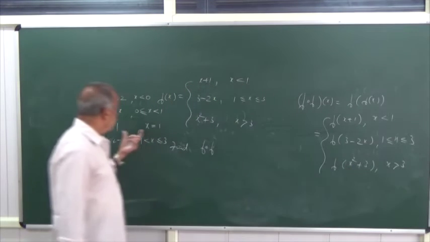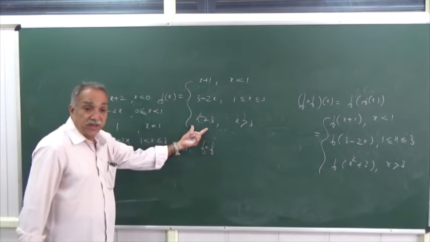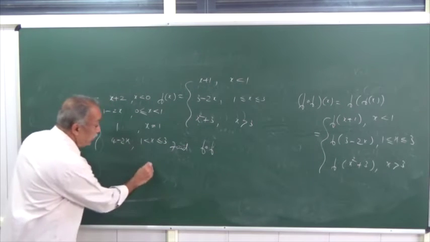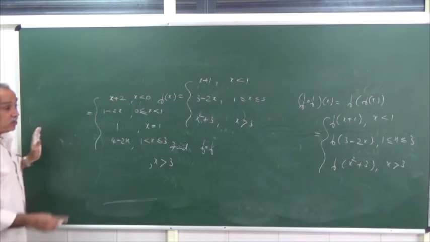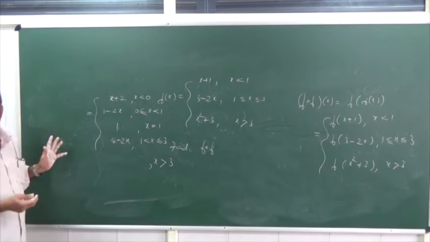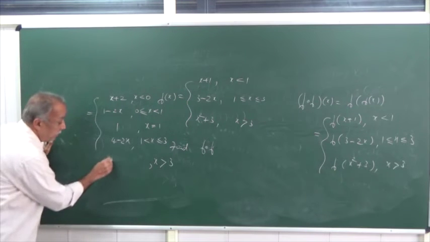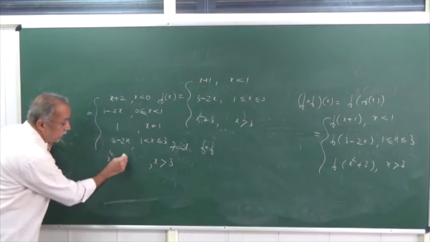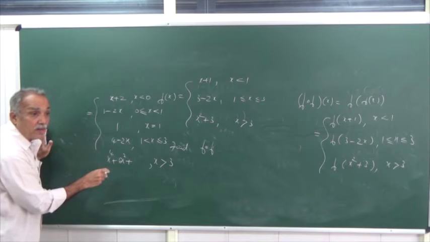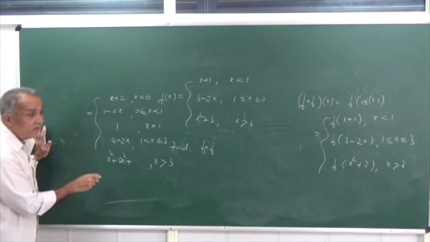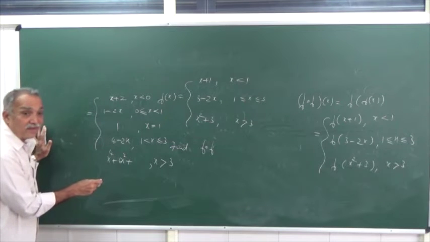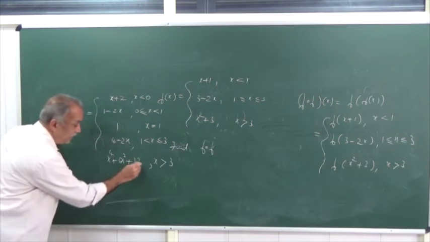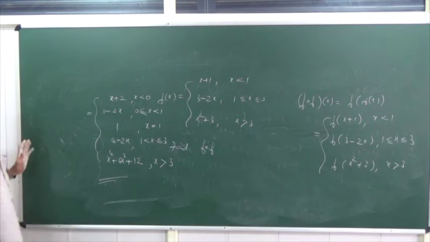Apply just this last formula, x square plus 3, and you get the definition applicable for x greater than 3 as square of existing value plus 3. Is it fine?